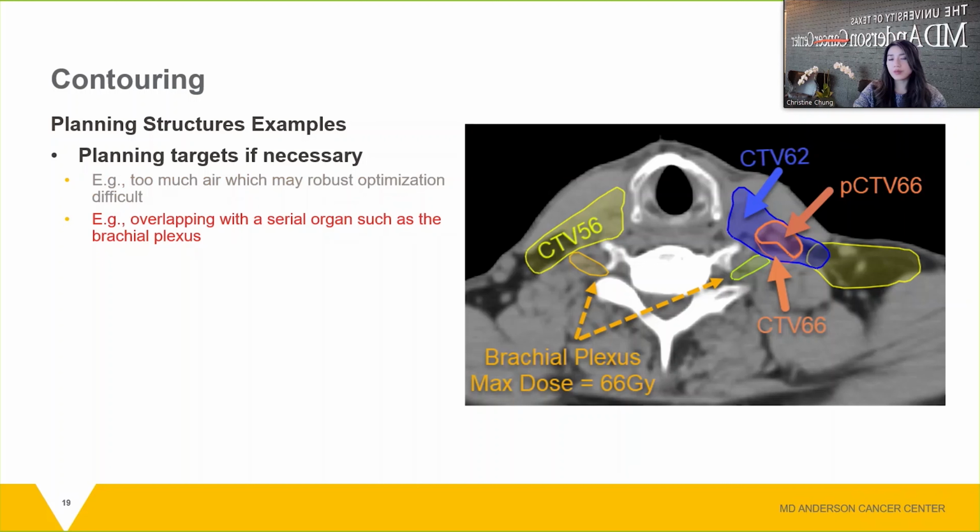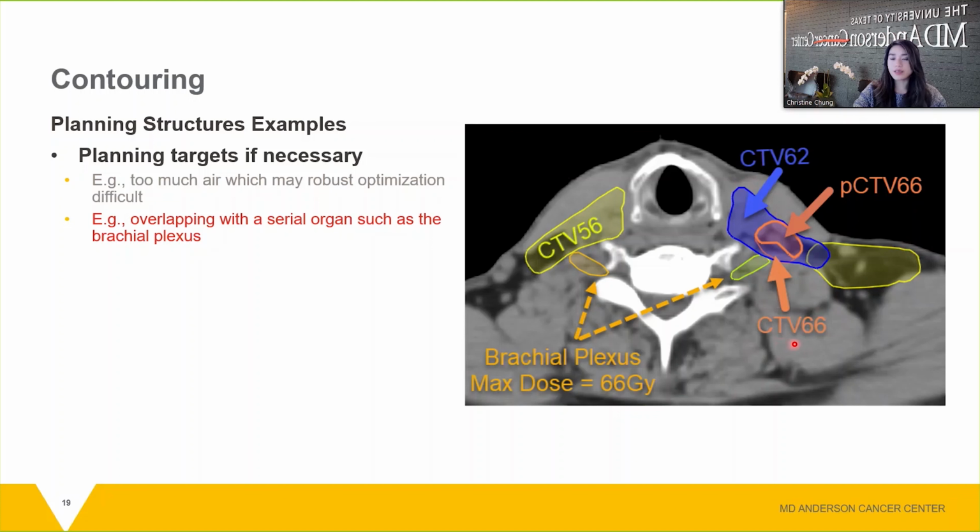You may also need the planning target contours to be cropped away from serial organs, such as the brachial plexus. You can see the CTV 56 on the right side does not need any cropping because the max dose constraint is 66 gray. The same goes on the left side. The CTV 62 does not need to be cropped. However, the CTV 66 will need to be in order to meet that constraint.